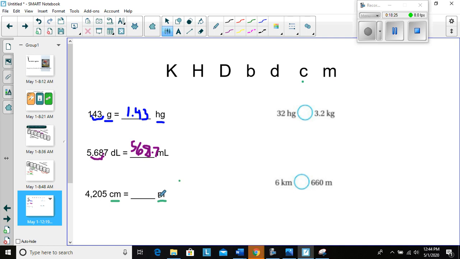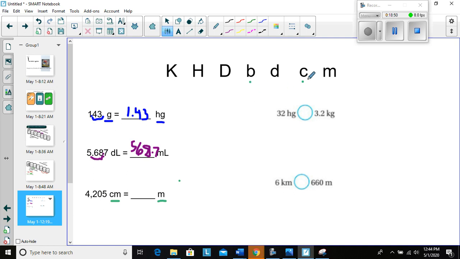But the one m by itself is not the prefix milli. You gotta be careful. The one m by itself, remember, is the base unit of meter. So they actually want me to change it to a meter. If it was millimeter, it would have 2 m's, or if it was milli something else, it would have another letter after it. But since it's just a single m, they're talking about the base unit right here.